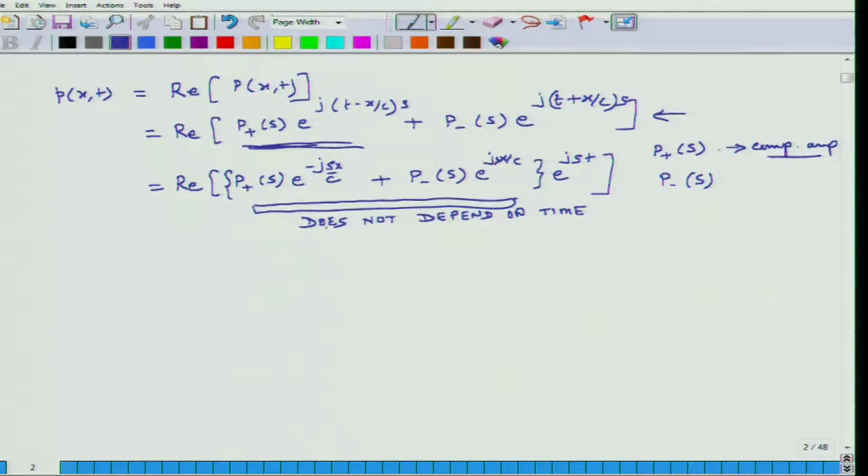So this entire term could be rewritten as another complex number which is a function of x and s, and this p of x and s we can now call the complex amplitude of the time signal.